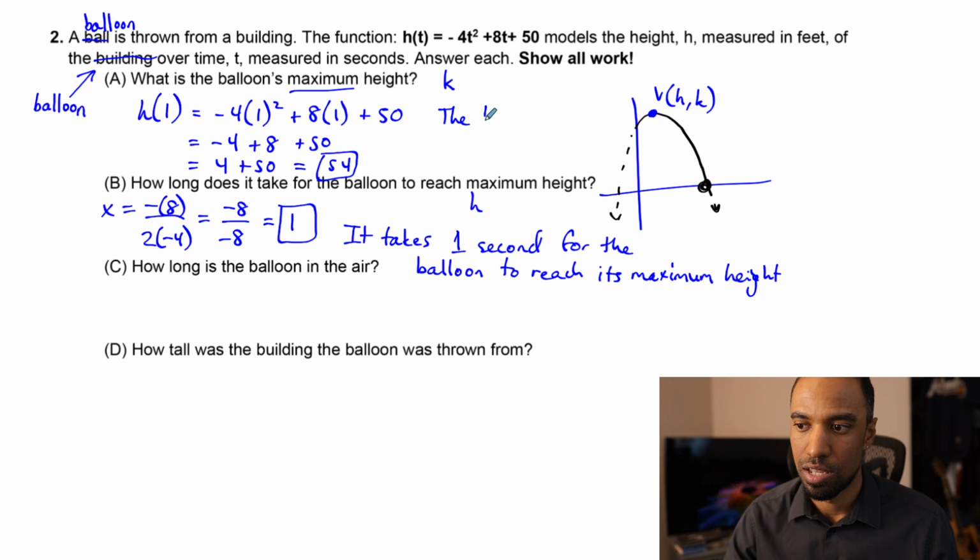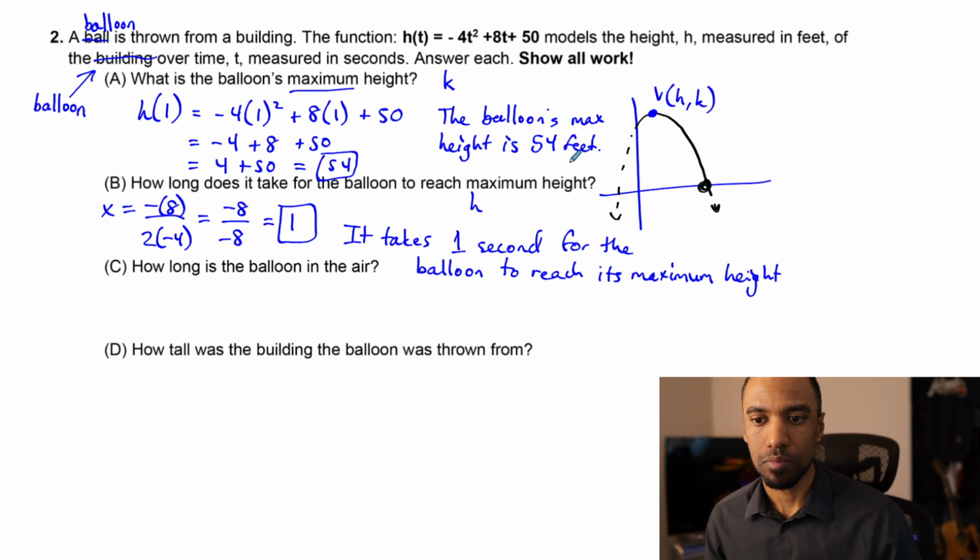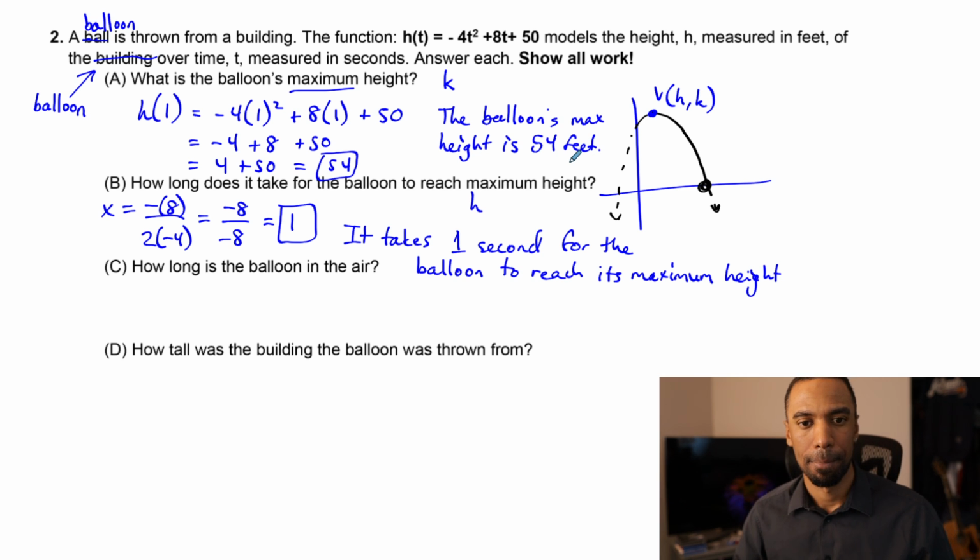Feet, measured in feet. The balloon's max height is 54 feet. There we go. See, I kind of needed B to answer A. Kind of weird it was asked like that.